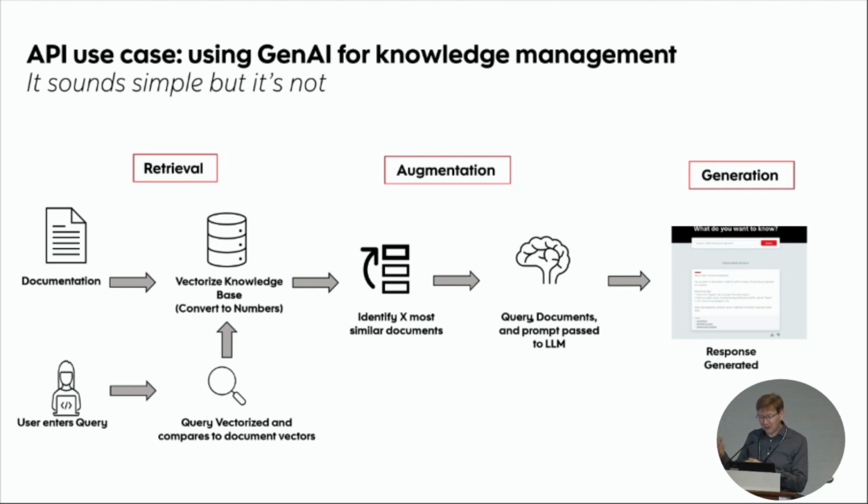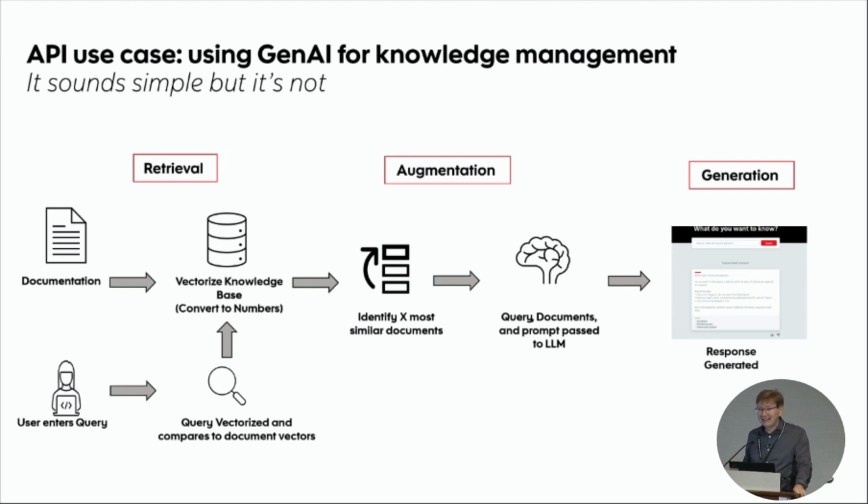Then you build a prompt that says something like, "Dear LLM, given the following documents," you paste your documents, "please answer the following question," and you paste the user's question. Then the response is generated, and typically it is more likely than not to use the context provided in the prompt rather than the base training data to answer the question.